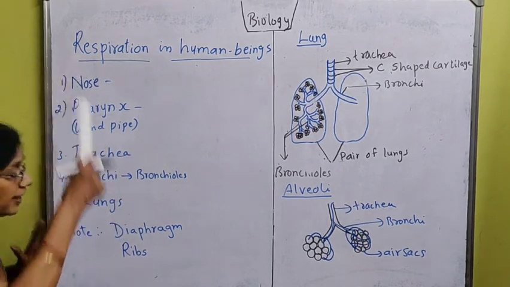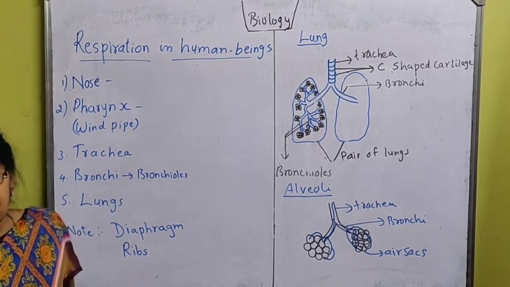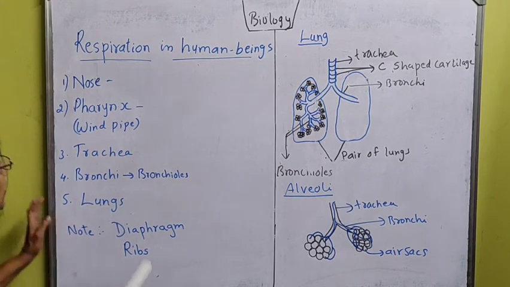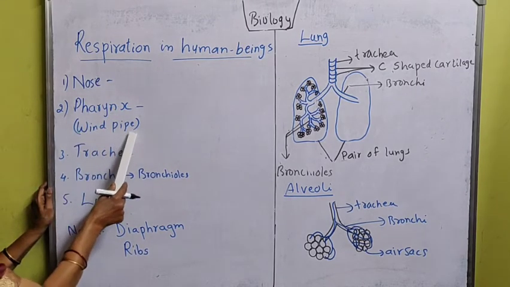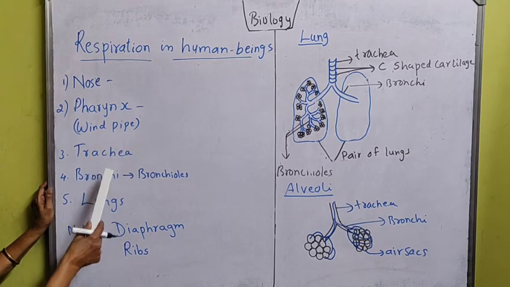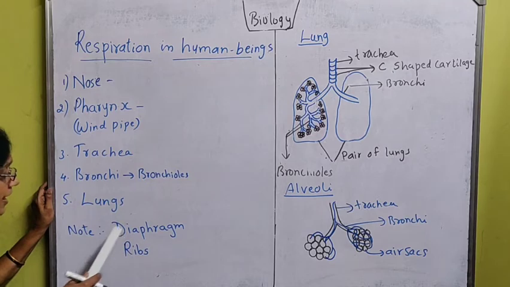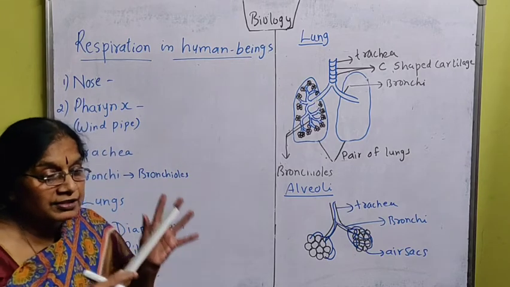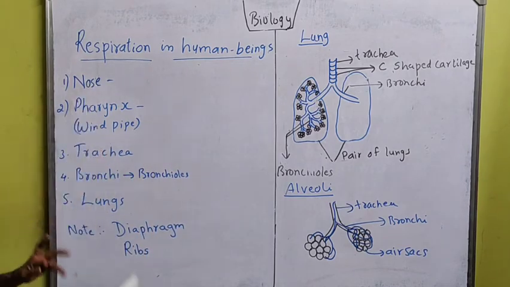What are all the organs involved in the respiratory system? Let us see the organs first: nose, pharynx, which is called the windpipe, trachea, bronchi and lungs. Along with that, the diaphragm and ribs are also there, which I will tell you while explaining the process of respiration.